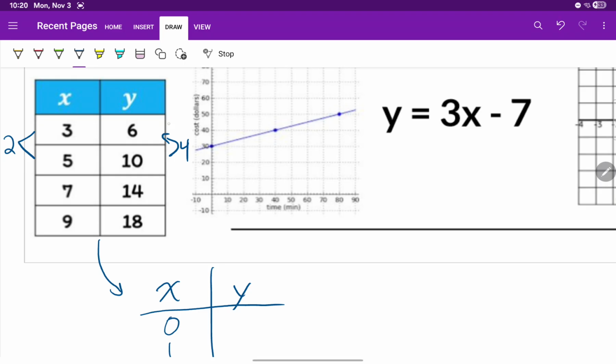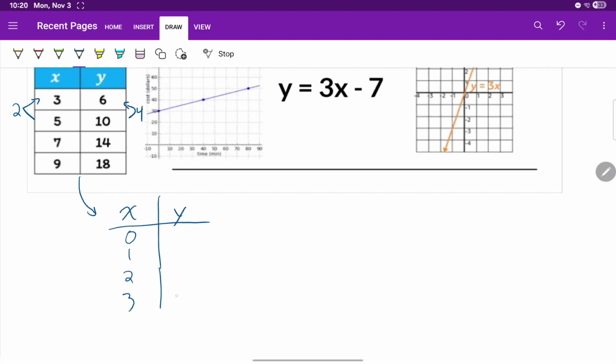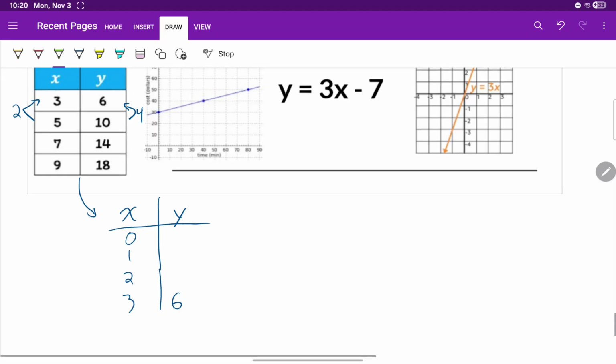So if we're going the other way, it's going back to down 4. So here it said 3, 6, which means if I go to 1, oh, I apologize, jumping around a little bit. If I go from 3 to 1, my new y coordinate is going to be down 4, which is 2.